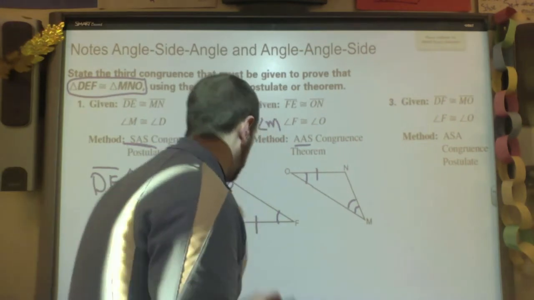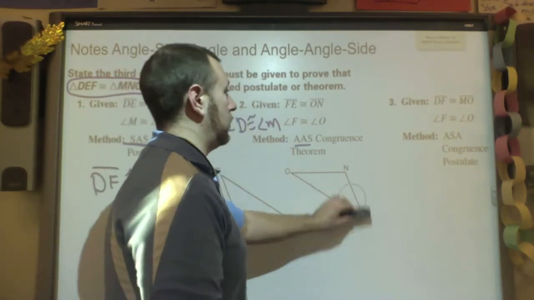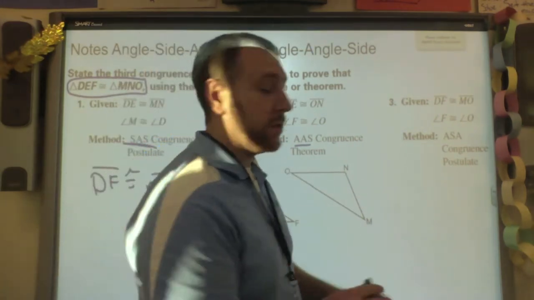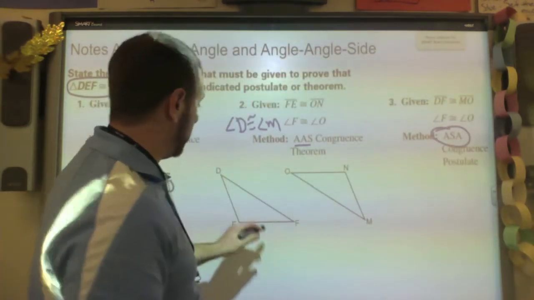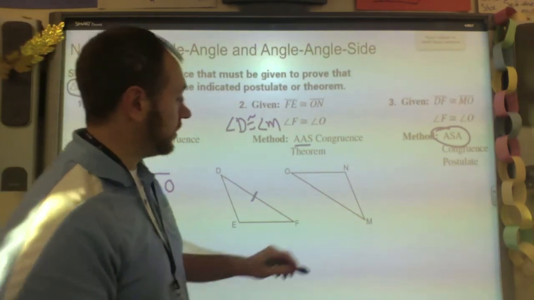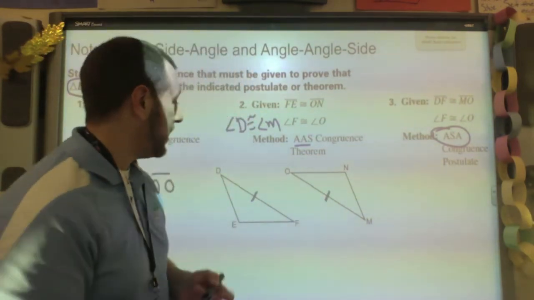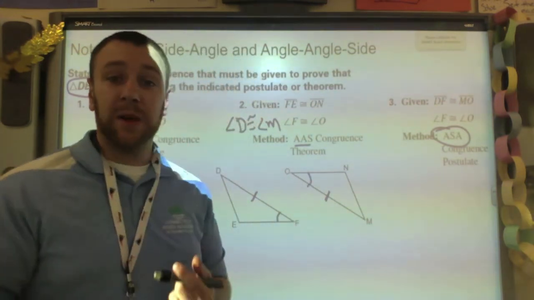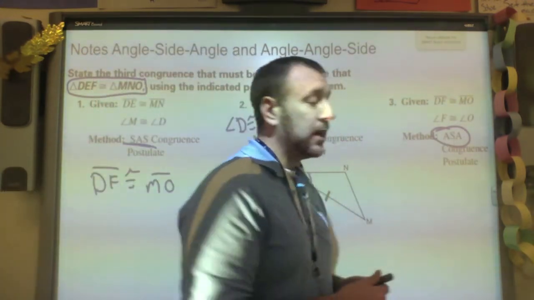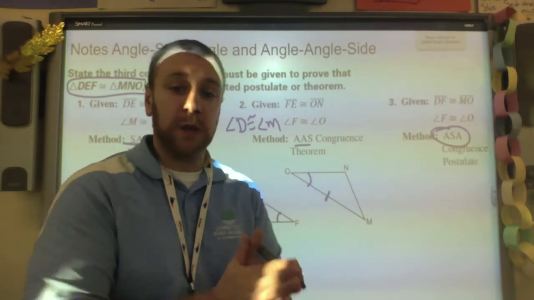For number 3, this is where I'm using angle, side, angle. So they give me DF is congruent to MO, and angle F is congruent to angle O. Now I need the other angle, and that side is in between those 2 angles.